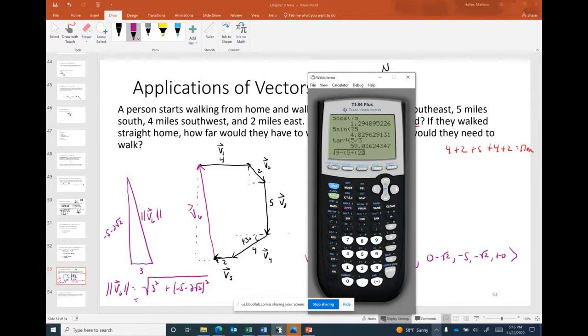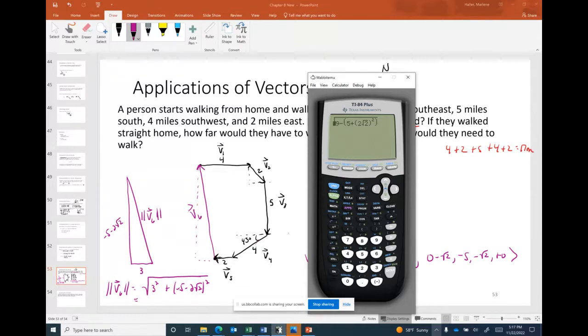Let's put parentheses, 2 square roots of 2. Close that, and square it. Okay, so equal. I didn't do something right. Let's see what did I type in wrong? The square root of 9, plus negative.